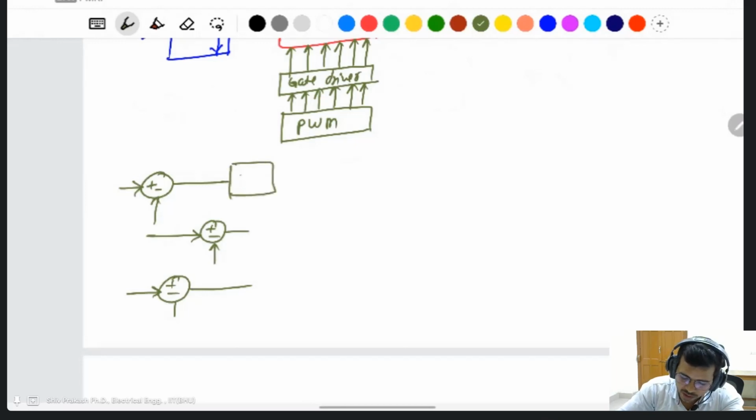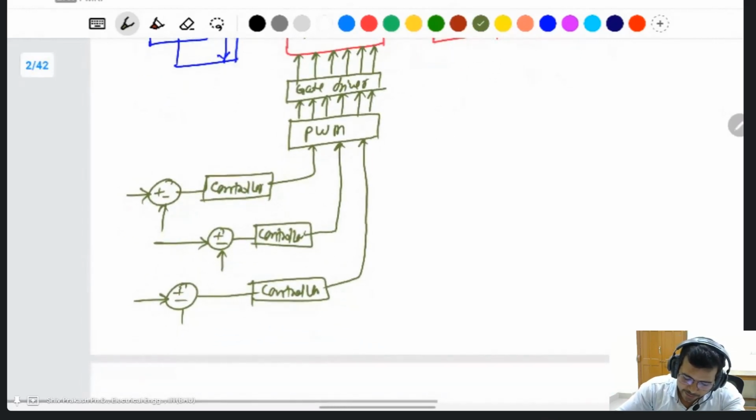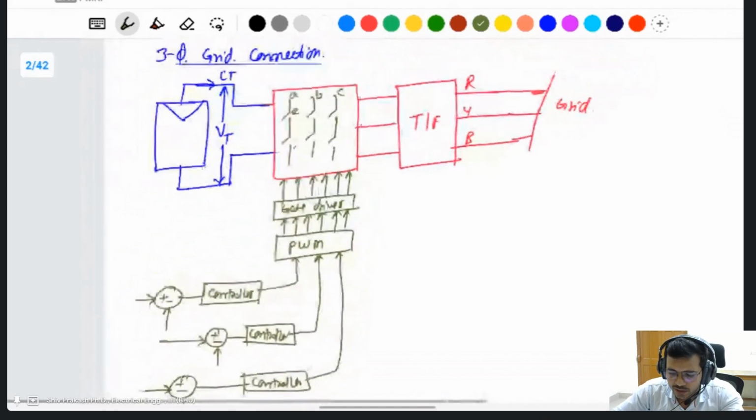The use of controller to generate the duty cycle like that. After that, it should go to the PWM. PWM generates the pulses in an inverter connected to the grid.